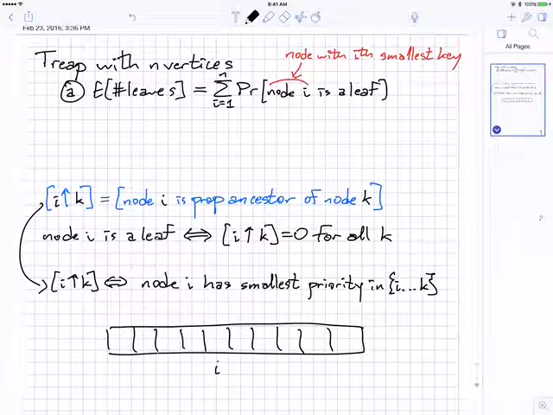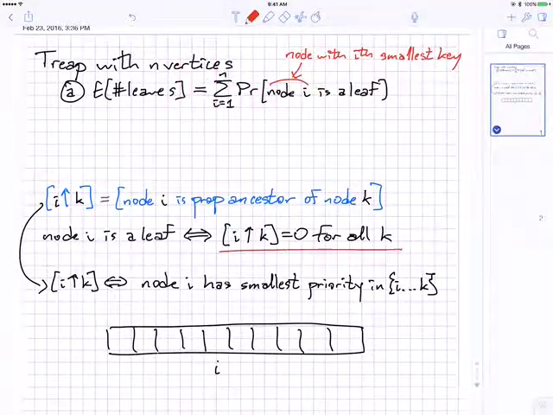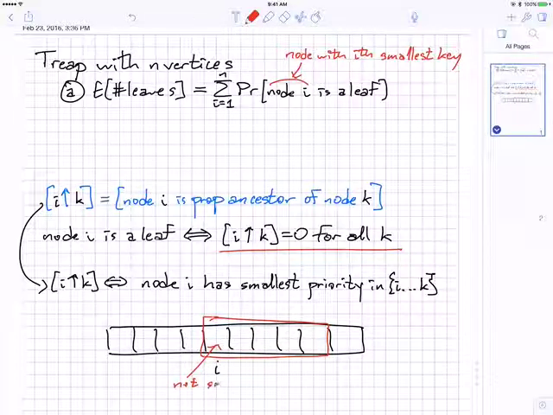And so I look at the priority of node I. What this statement is saying is that if I look at any box that starts or ends with node I, node I is not the smallest in that box. Okay?